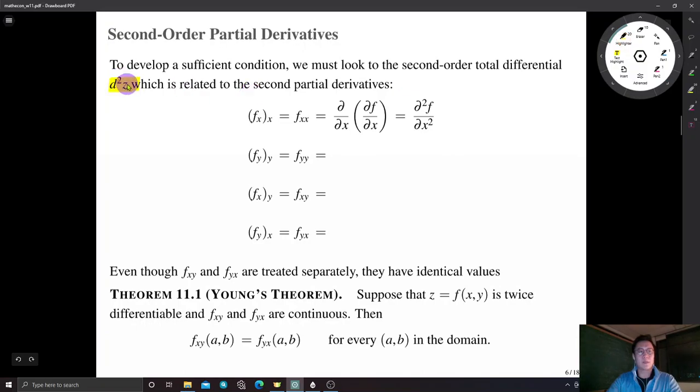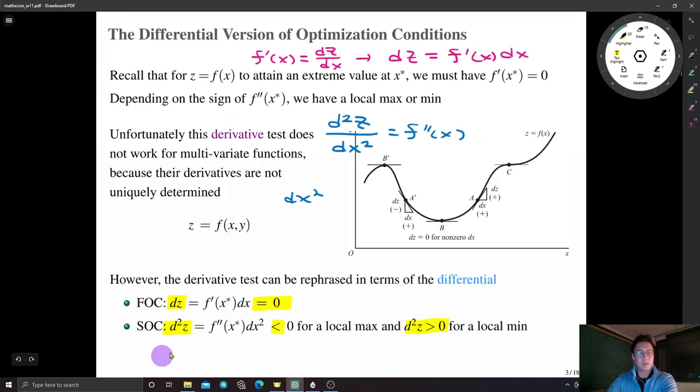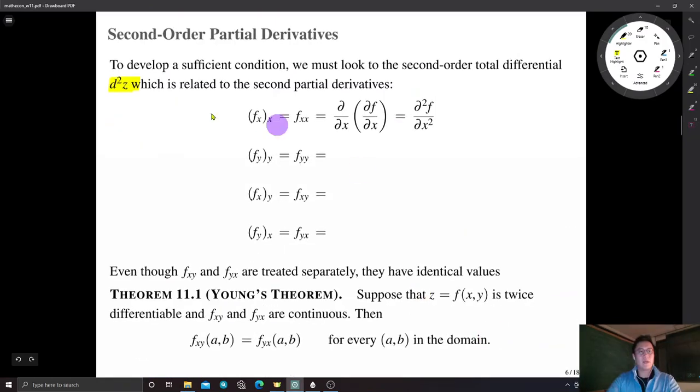Remember the differential version of the test. d squared z must be negative at a local max, but positive at a local min. But that is related to the second partial derivatives, so the partial derivative of the partial derivative.